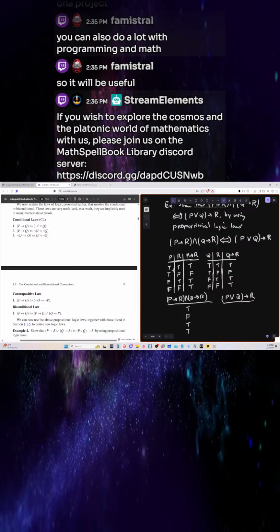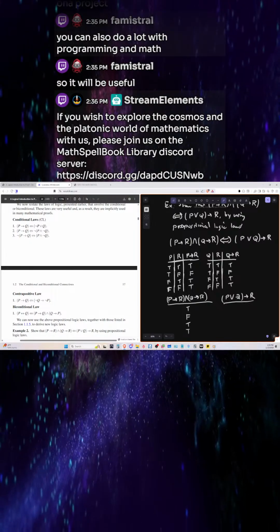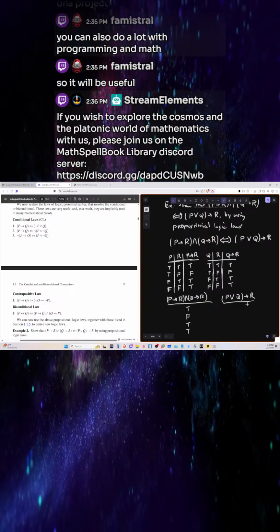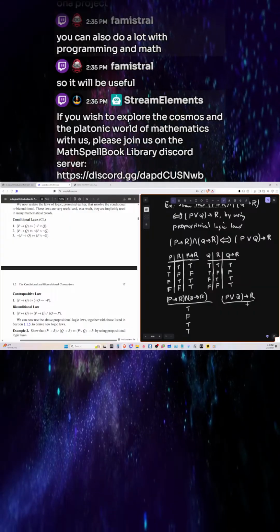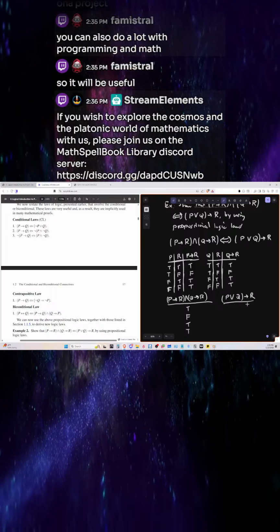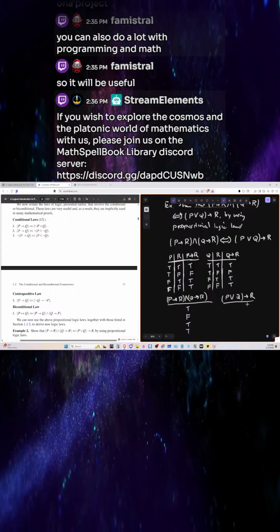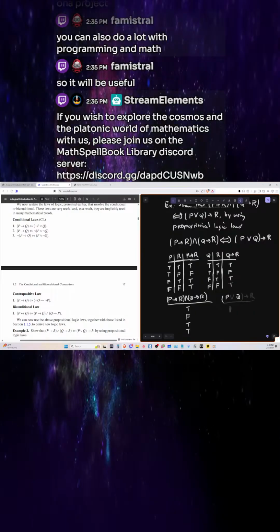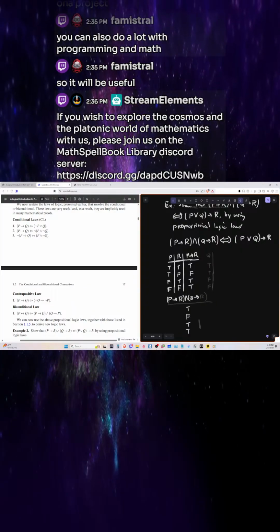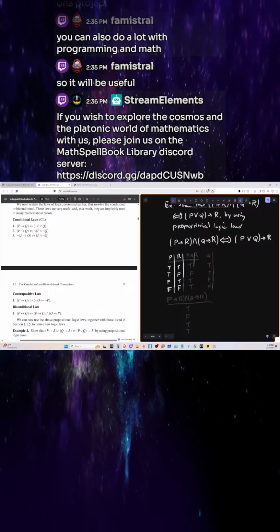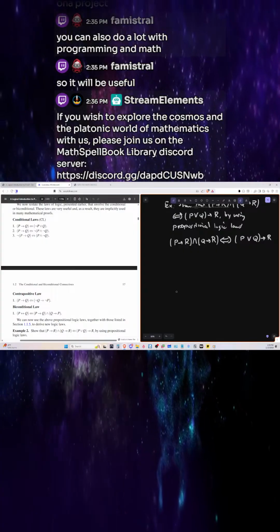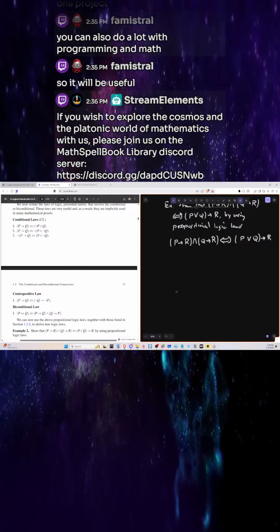P and Q, so if they're both true, then that's true, which implies that R. Then it'll be like a third version of it. That's usually how challenging math problems are.